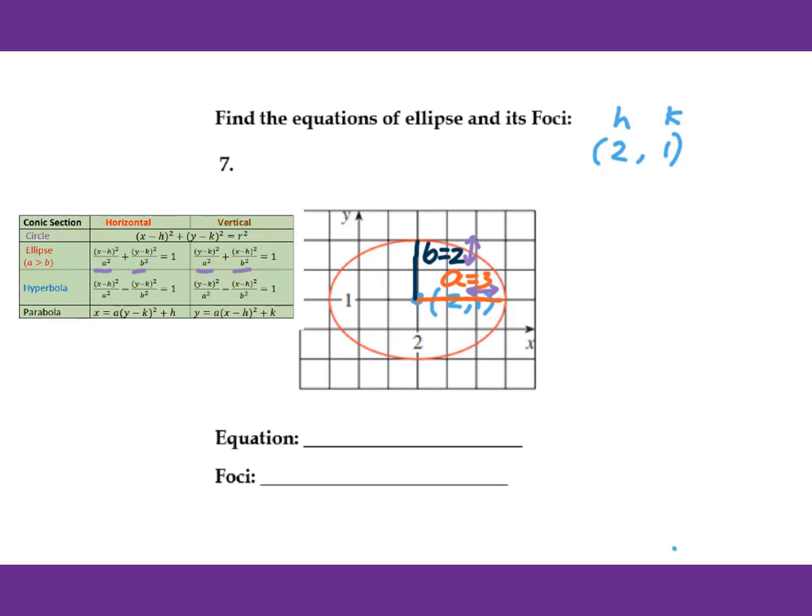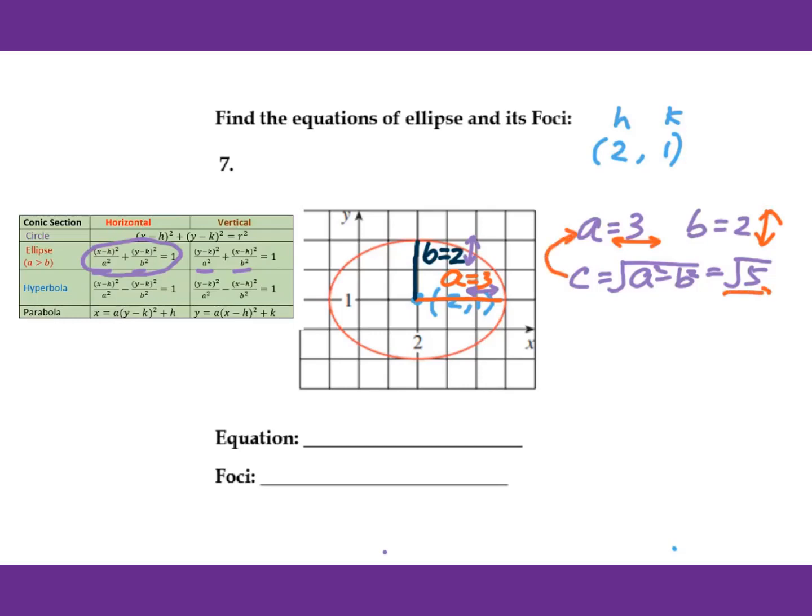Therefore, you got to use this formula, because that's a horizontal ellipse. I got a equals 3, b equals 2, c equals square root of a squared minus b squared, which will be square root of 5. a is horizontally moving, b is vertically. c follows a, therefore still horizontal.